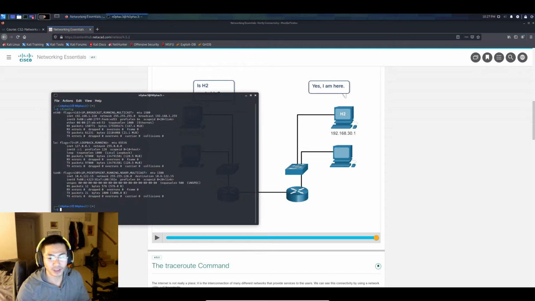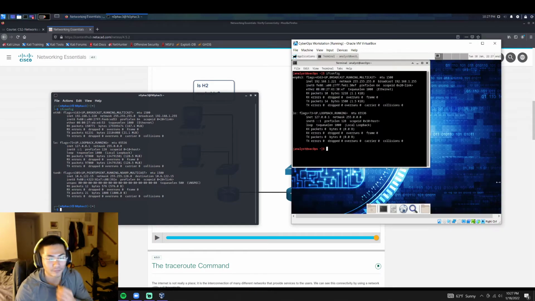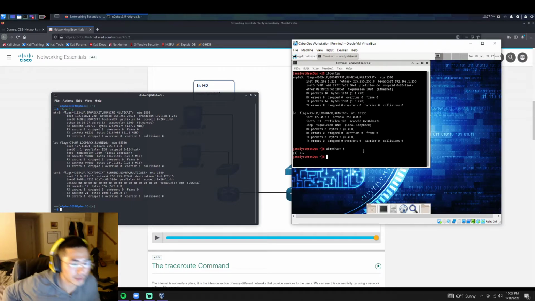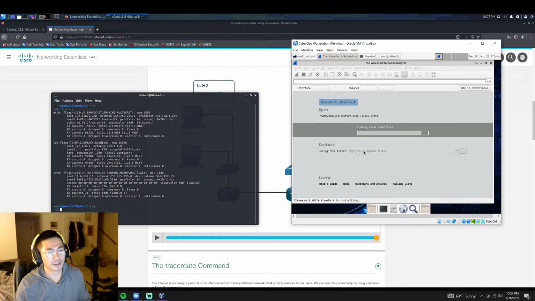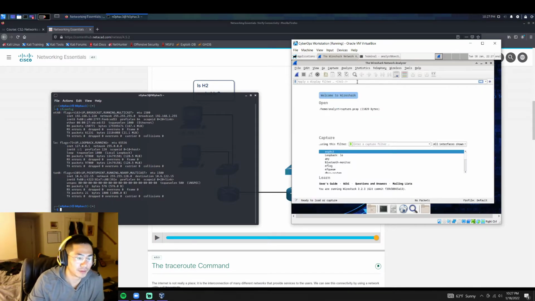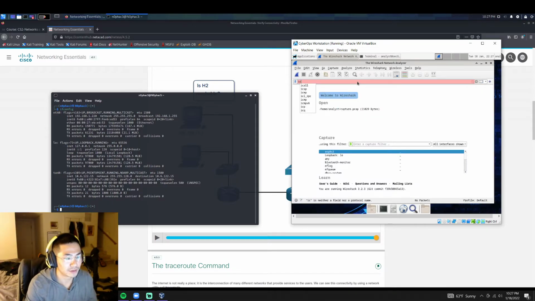I haven't shown it yet, but there's this tool called Wireshark, and we can see live action.